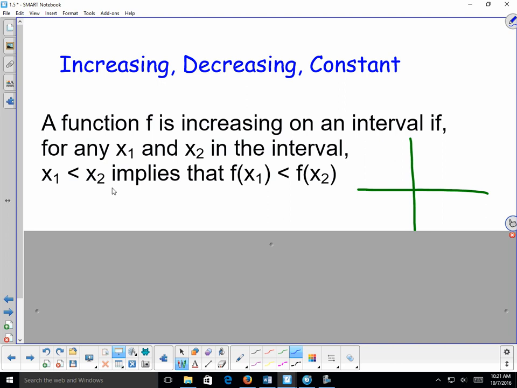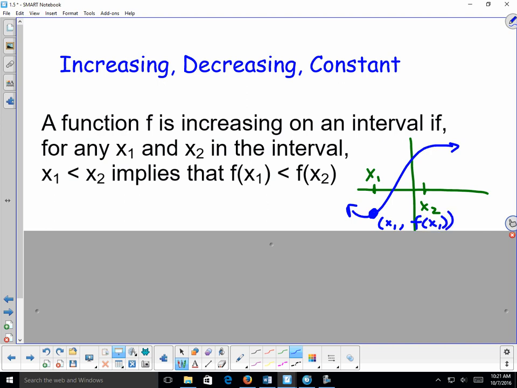if we have some kind of function graphed like this, and let's say here's an x1 here, and let's say here's x2 here. If we choose any x value in that interval, if x1 is less than x2, and it is, then f of x1 is less than f of x2. Where's f of x1? Well, here's the point, x1, comma, f of x1.